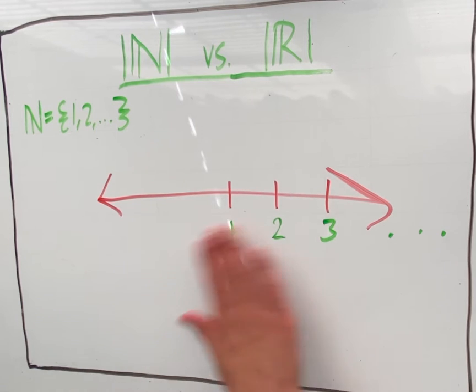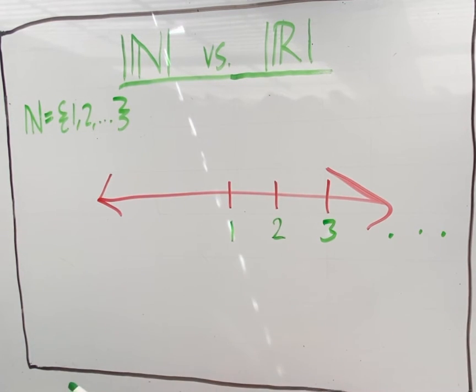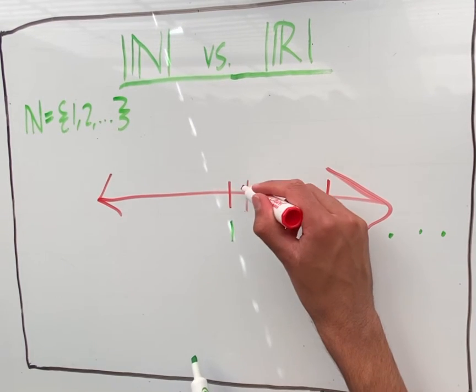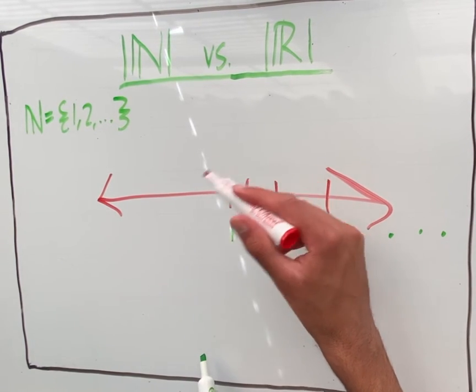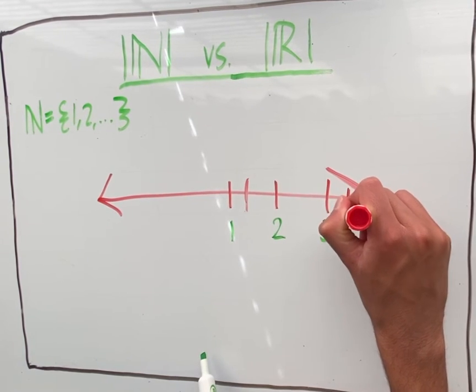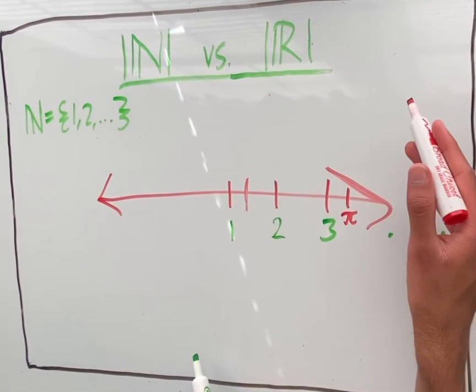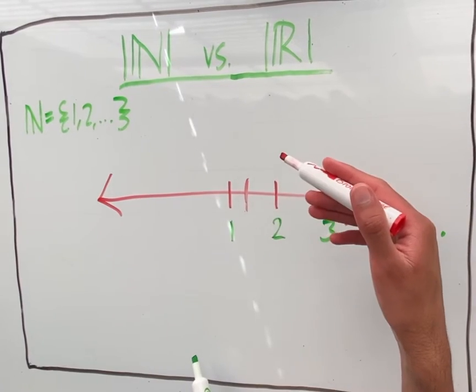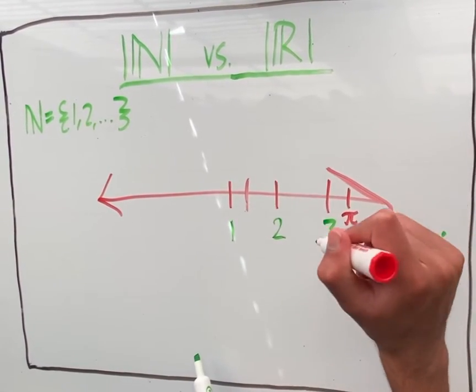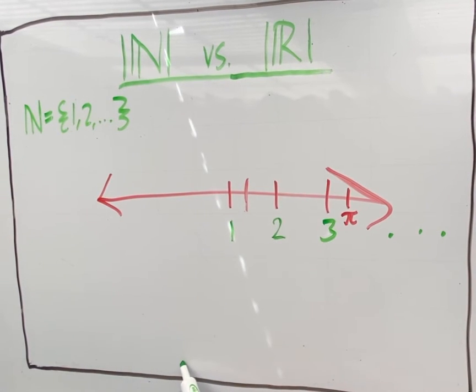But this entire line is just real numbers, where anywhere you put your line is going to mark a real number, no matter what. Even if it's over here at pi, even that is a real number. It can't be expressed as a fraction, where the numerator and denominator are integers, so it's not rational, but it is real. Anything on this number line is going to be a real number.